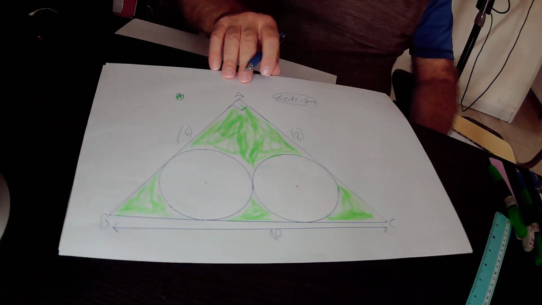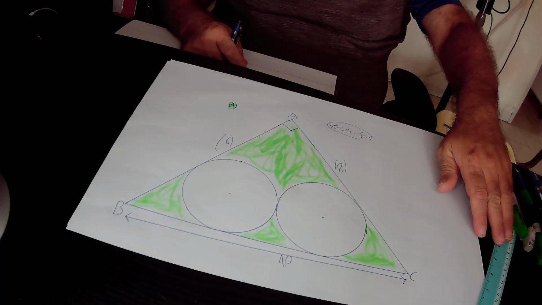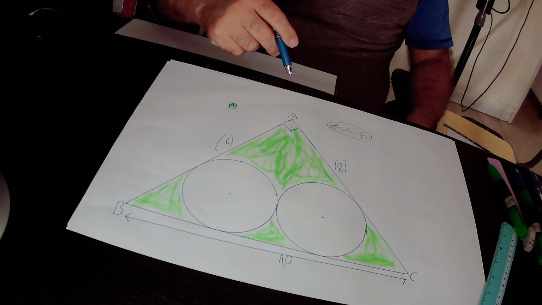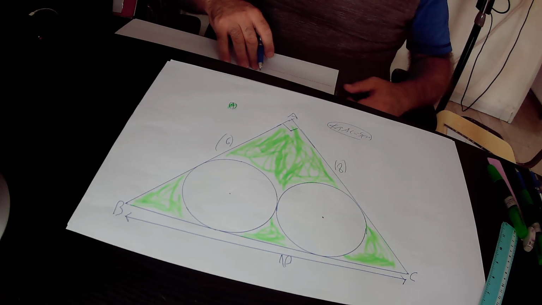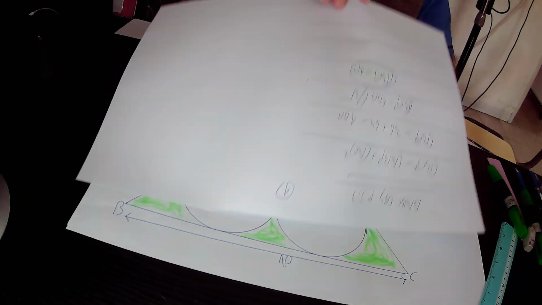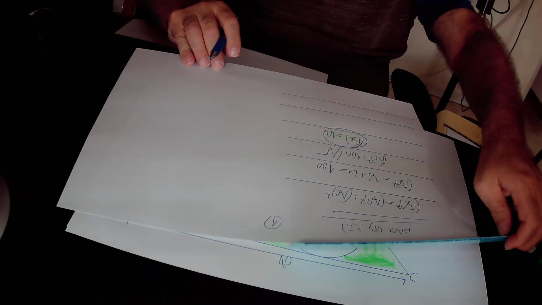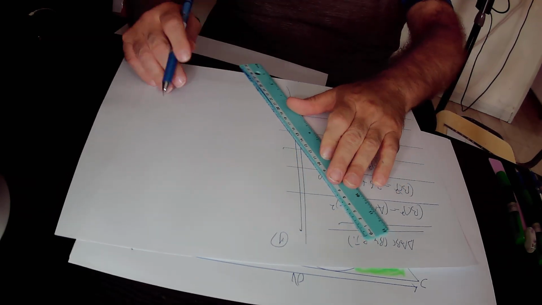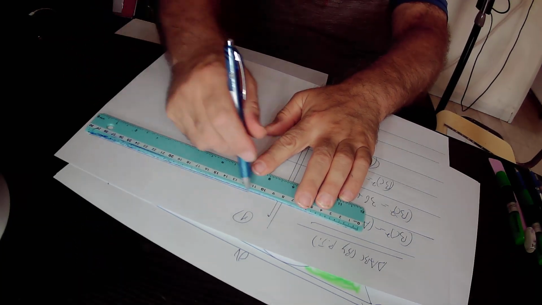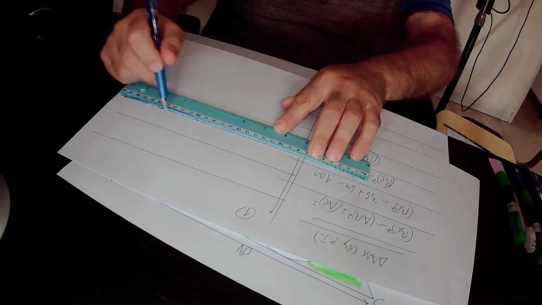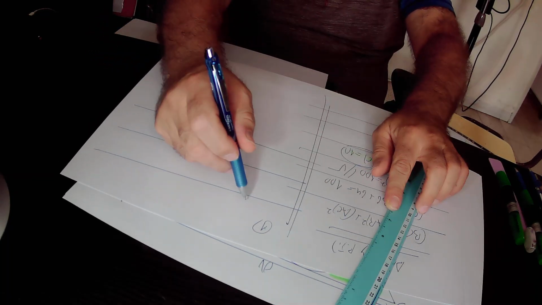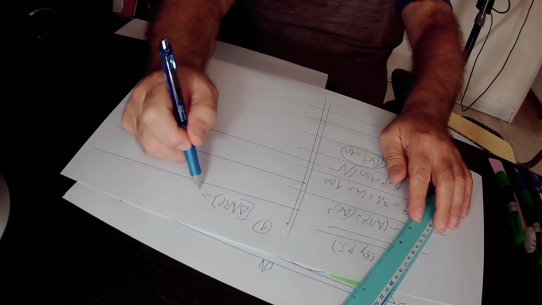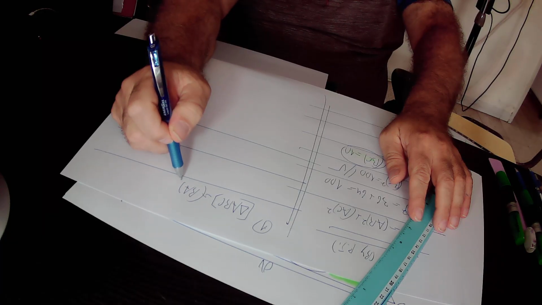What is the area of triangle ABC? We know that the area of any triangle equals the base times the height over 2. So it equals the base BA times the height AC over 2.